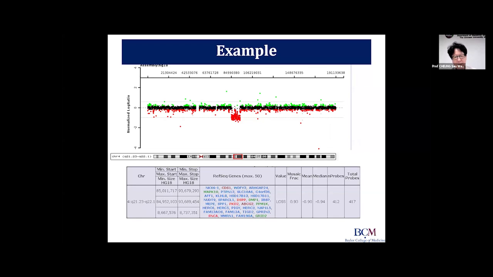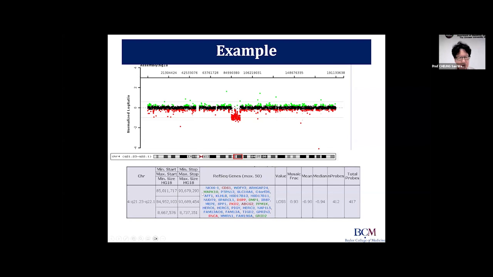The minimum means the first oligo that indicates loss and the last oligo that indicates loss. That's the minimum start and the maximum stop; the minimum stop and maximum stop work the same way.